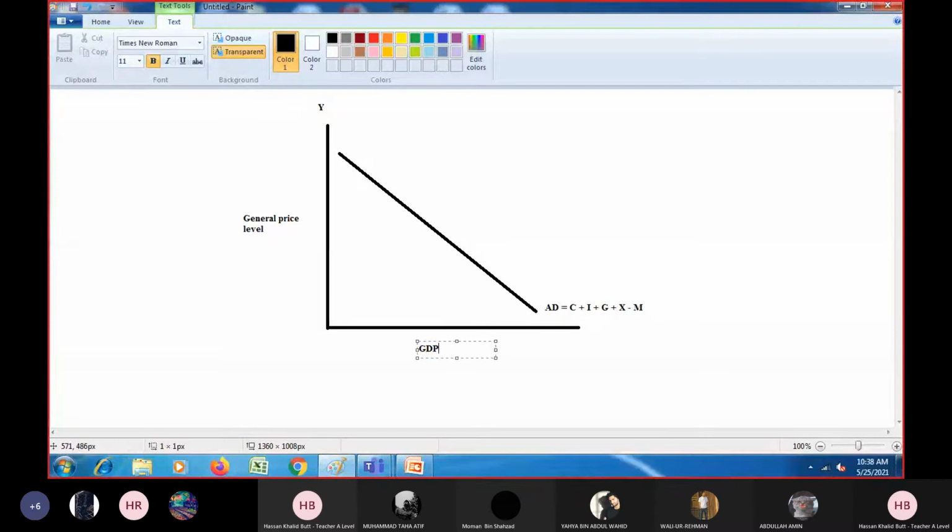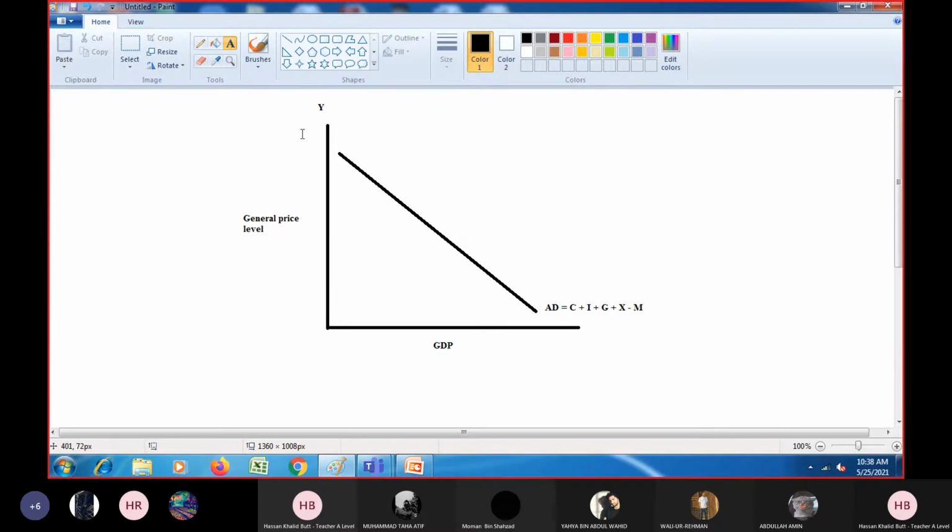You know that. GDP is the total output produced in a country. So rather than taking quantity, we will take GDP because it represents the total output produced in a country by individuals or firms which are present there. Right. So now if we draw the aggregate supply curve, it will be like this.